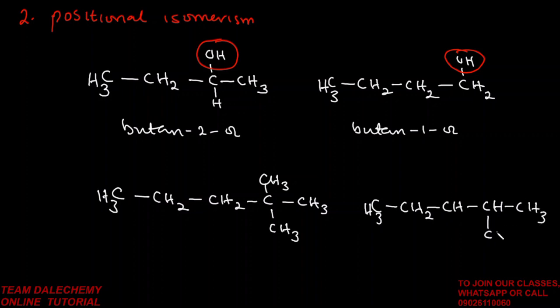Now we have a methyl group here, another methyl group. So the only difference you notice is that this one, if you want to name it, will be 2,2-dimethylpentane, while here it will be 2,3-dimethylpentane. So just the position of the substituent is the difference in positional isomers.